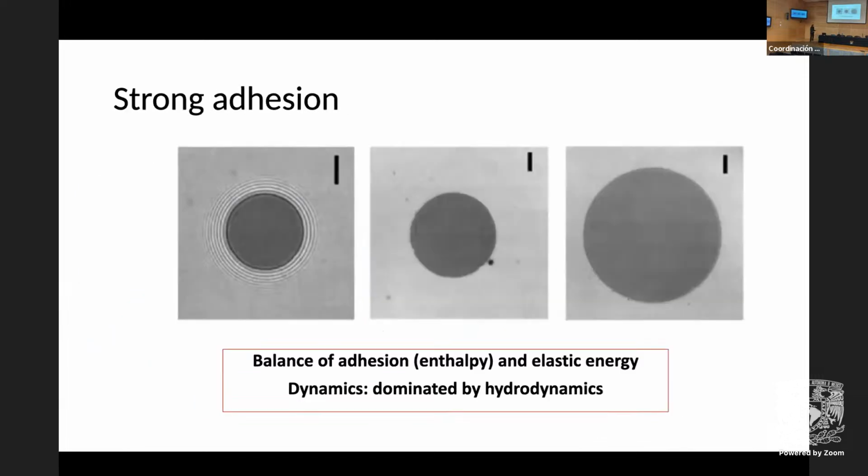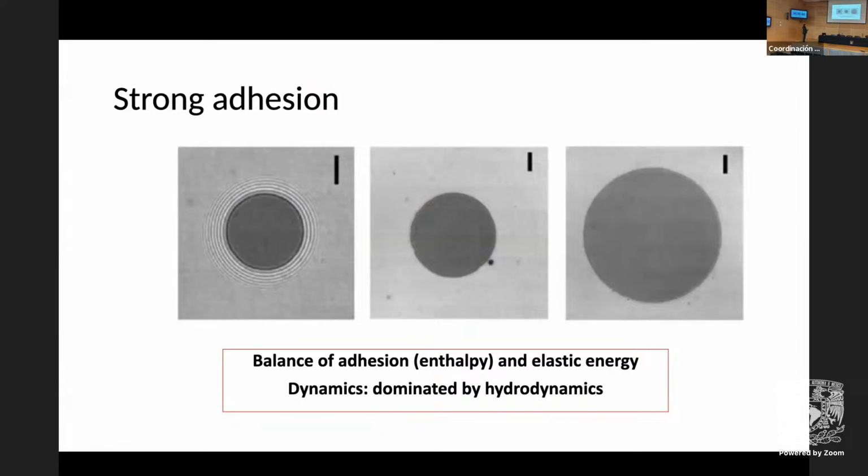Now, if the interaction between the surface and the membrane is strong, and maybe electrostatic is no good underwater because it's damped, but still, if it has some kind of very strong interaction, including with the help of proteins, this is what it looks like after adhesion. You may have fringes, or you may have very strong adhesion where you don't even see fringes, and this is a balance of adhesion and elastic energy.